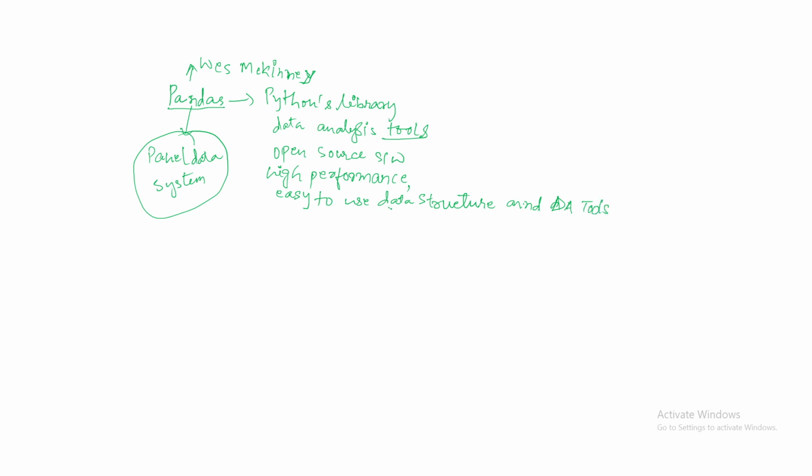Now tell me, what is a data structure? It is for storing organized data. How many types of data structure are there? Mainly three.